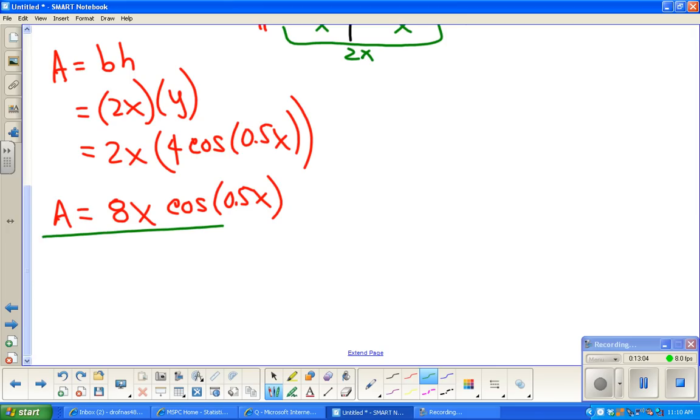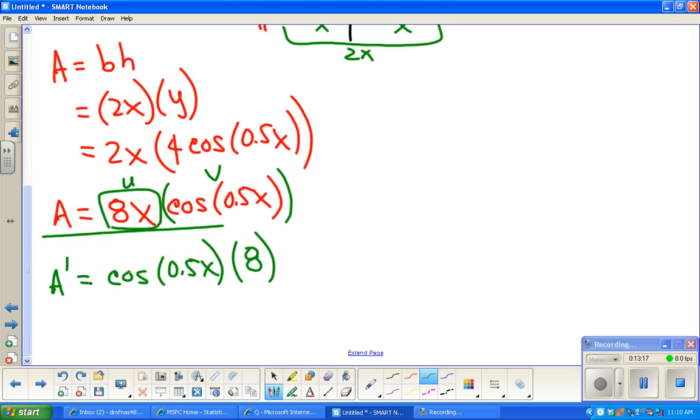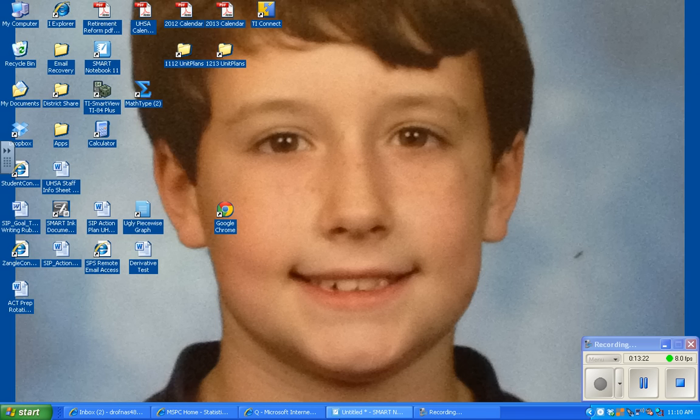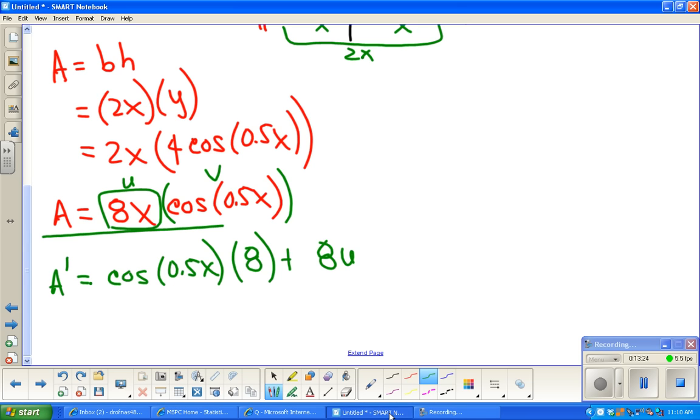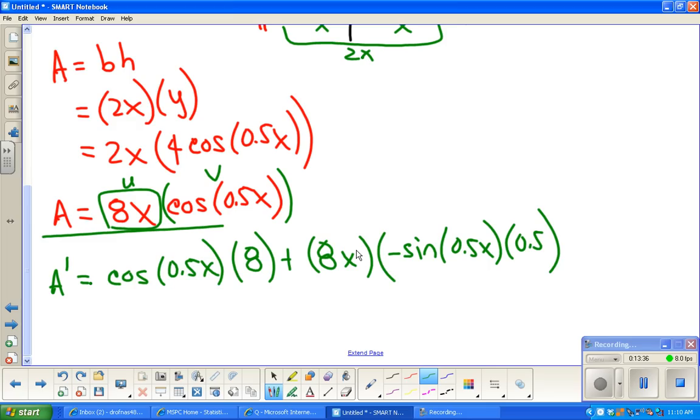Okay, so if I'm going to maximize this, I'm going to find the critical point. Now, this is a product. So I'm going to do cosine of 0.5x times the derivative of u plus u, not 8u. Oh, dude, that was great. Let's try that again. So 8x times the derivative of cosine, which is negative sine 0.5x times 0.5.